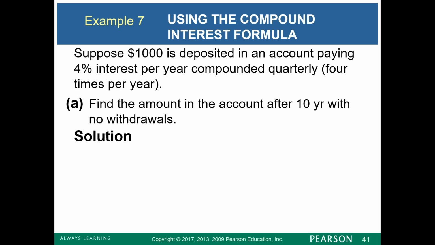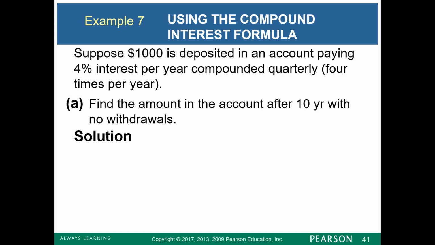And if it is daily, N will be 365. Compounded quarterly means N equals 4. Daily means 365, okay?